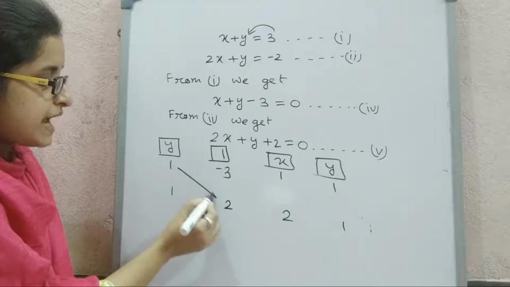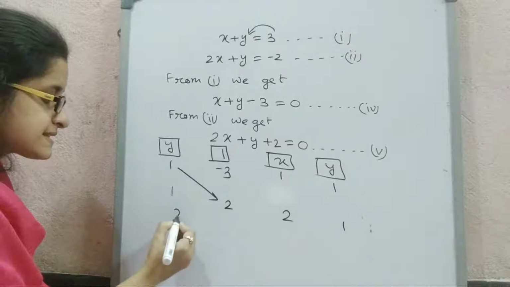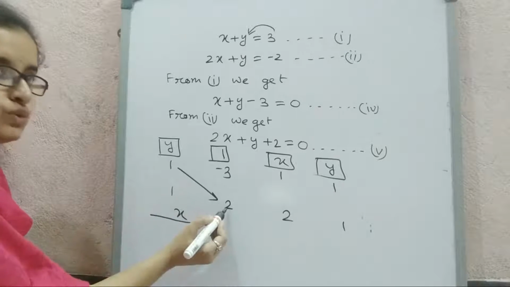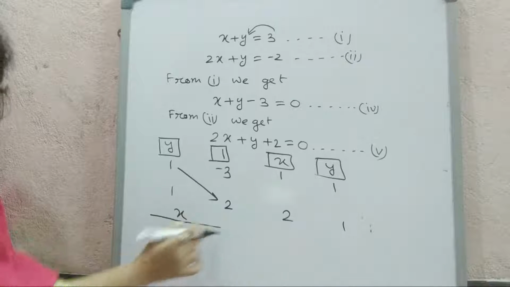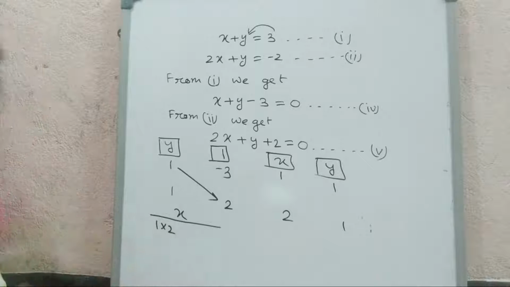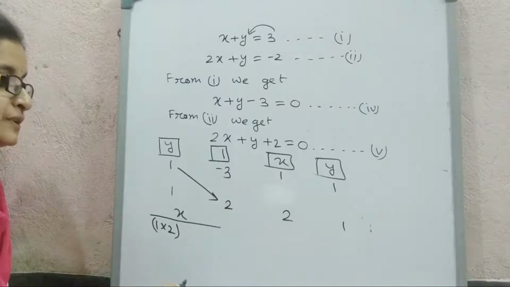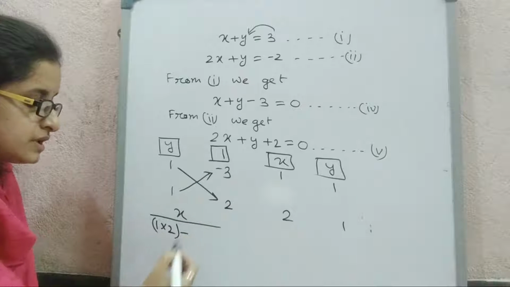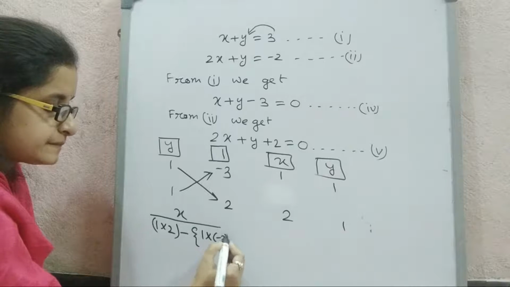First we have to multiply 1 into 2, and we write x divided by 1 into 2. After that, subtracting 1 into minus 3.